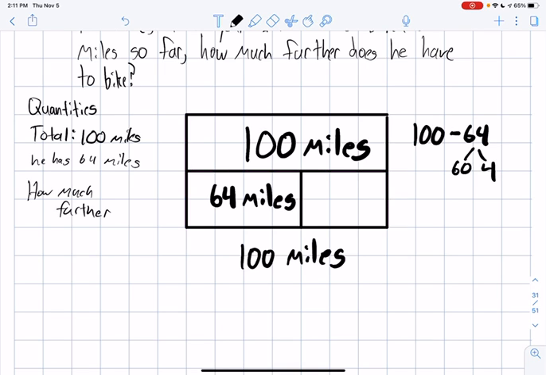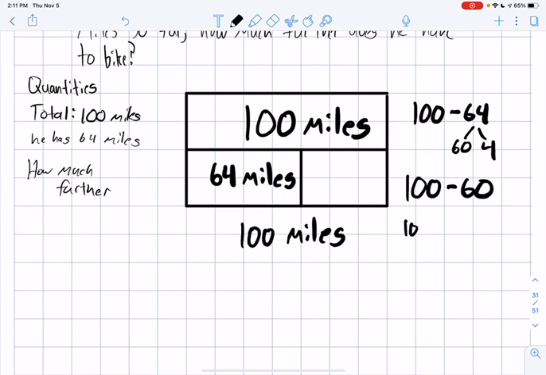So now instead of 100 minus 64, which might be hard, let's look at 100 minus 60. So I have 10 tens minus 6 tens. How many tens do I have left? Count with your fingers.